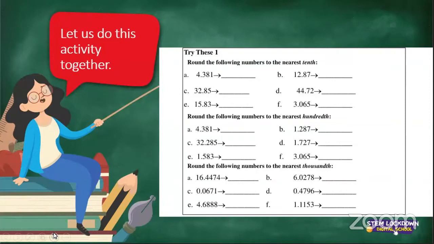1.29. With rounding off, let me just remind you, as long as you are able to follow those steps, check the given place, what am I rounding off to? The first digit after the decimal point is the tenth, the second is the hundredth, the third is the thousandth, and the fourth is the ten-thousandth. So you should be able to check the numbers.